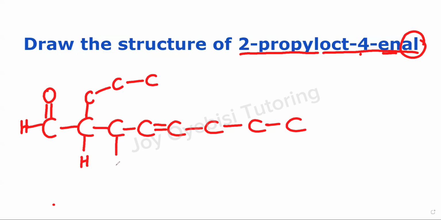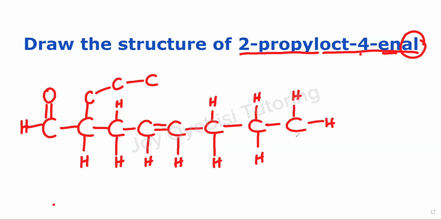The next one has 2, so you need 2 hydrogens. Then the next has three bonds, so you add hydrogen. Another 3 bonds, you add hydrogen. 2 bonds, 2 hydrogens, and then another 2 bonds, 2 hydrogens. And then the last one has 1, so you need 3 hydrogens to fill that up.